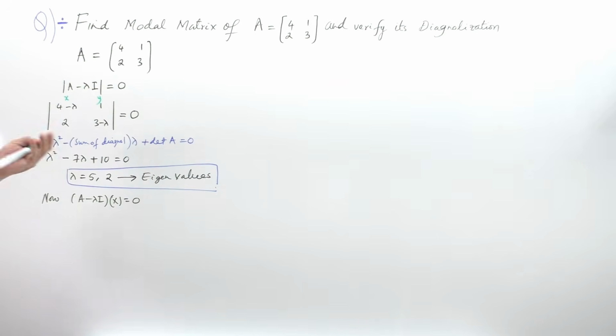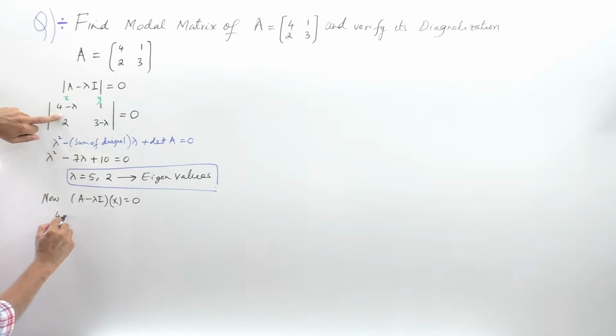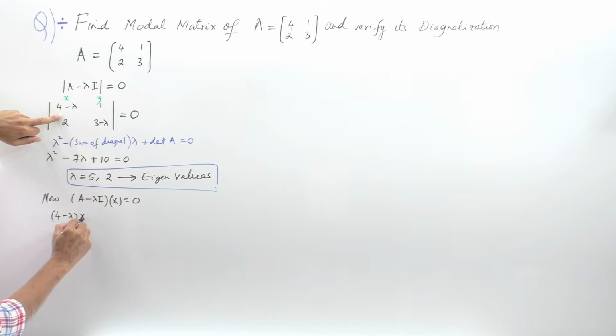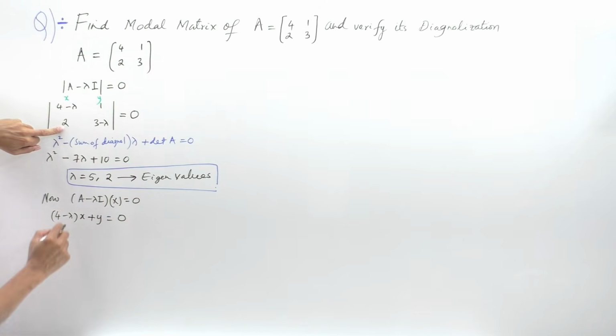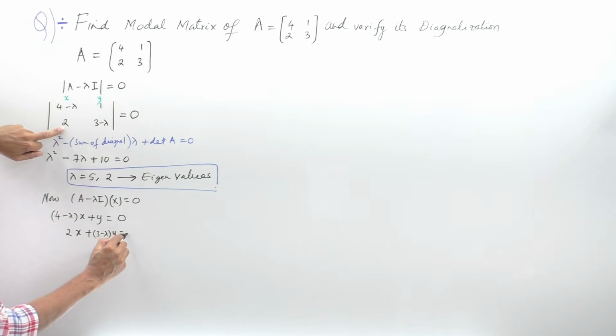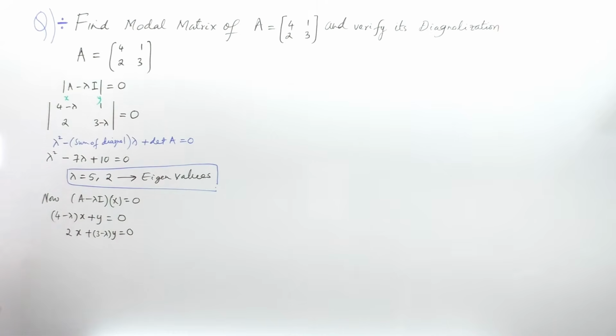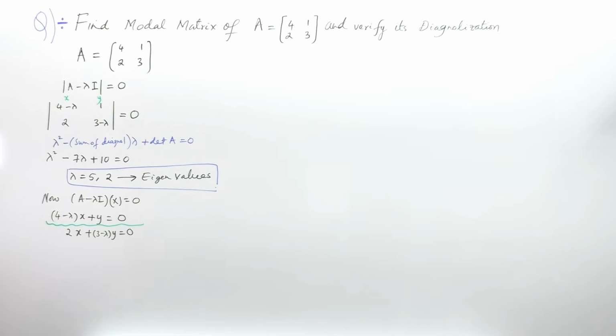Based upon this, we can write 4 minus lambda into x plus y is equal to 0, and the second row 2x plus 3 minus lambda into y is equal to 0. These are the equations we obtained. No need of both the equations, we can simply choose one equation here. I choose the first one, or if you use both you get the same result, use any one of these.